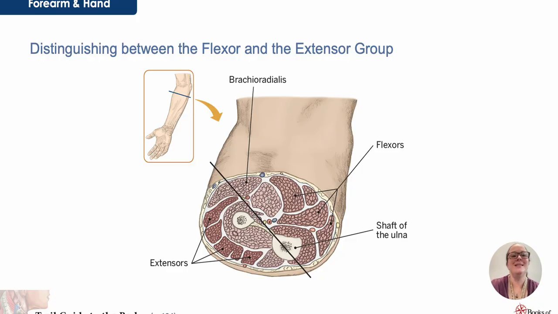All right, this is if I were to cut your arm in half, where the extensors are and the flexors. Now, remember I said they're pretty much on this side and then this side? Yes and no. They're kind of off to the side a little bit. But for the most part, most of your flexors are on the soft part, and the hairy part of your arm is your extensors. For the most part.